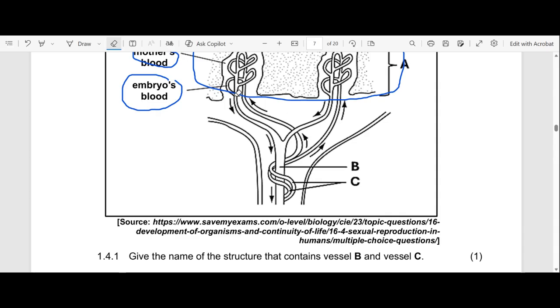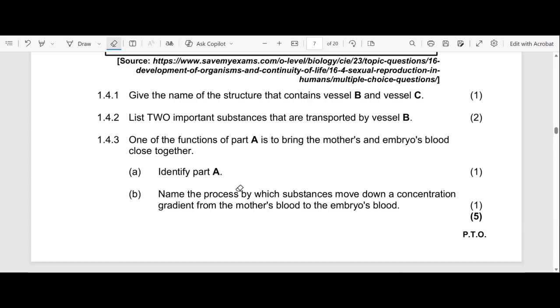Then this one vein is transporting from the mother to the embryo. I just wanted to confirm my answers by looking at the arrows here. Okay, now let's go to the other question.